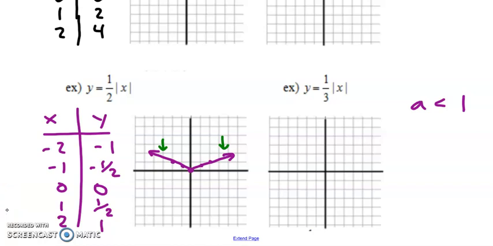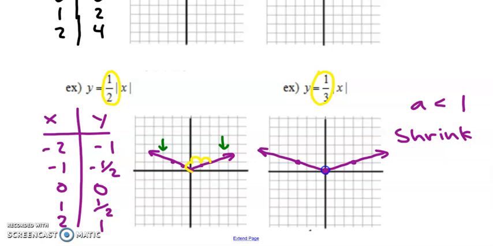Think of a slope of 1/2, so to find another point from my vertex, I go up 1 and over 2. So with this example here, 1/3, I should be able to take my vertex and go up 1 over 3 in both directions. And I get my new graph that is more flattened out because my a value is less than 1. And so that is a vertical shrink or compression. And there's my graph. Okay.